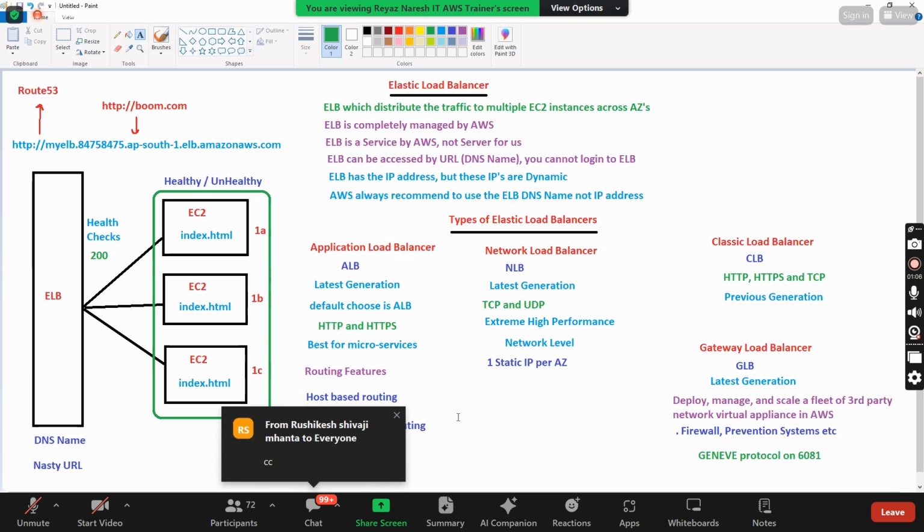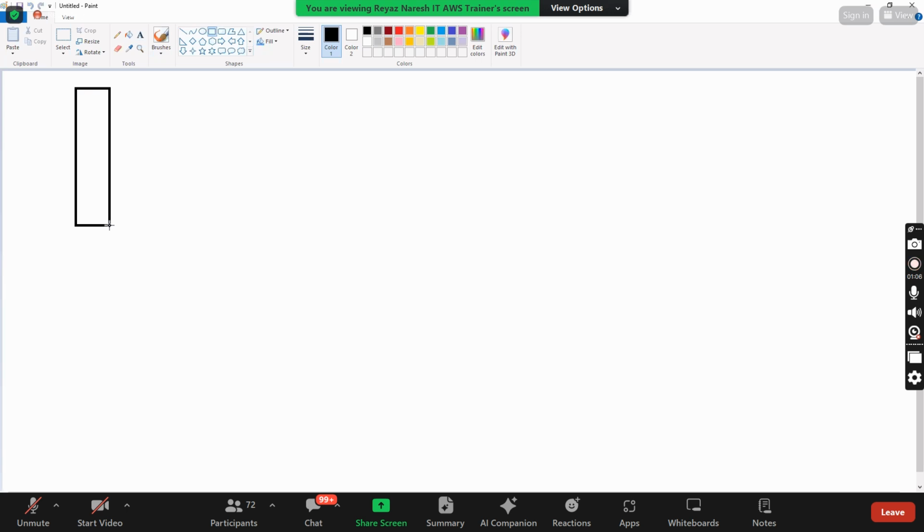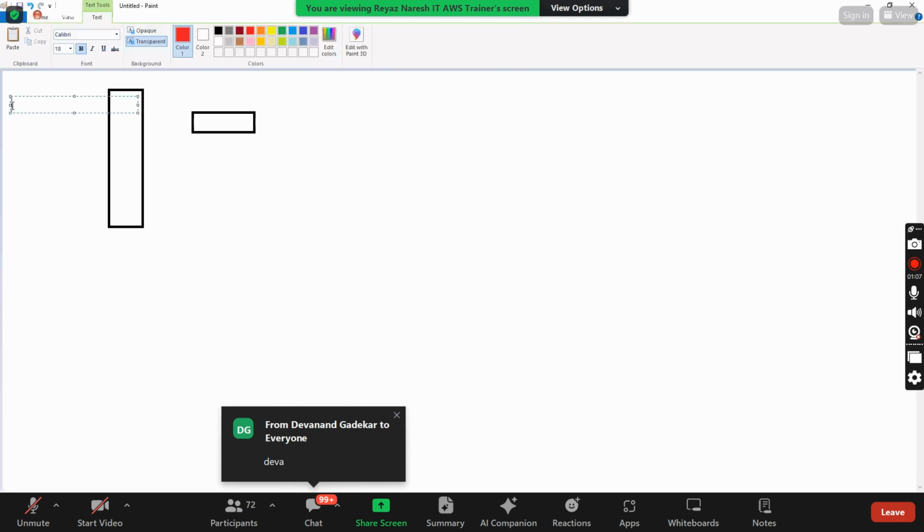Okay. Now I'll tell you the problem and then the solution. See, this is a load balancer. Let's take a website name, venki.com.